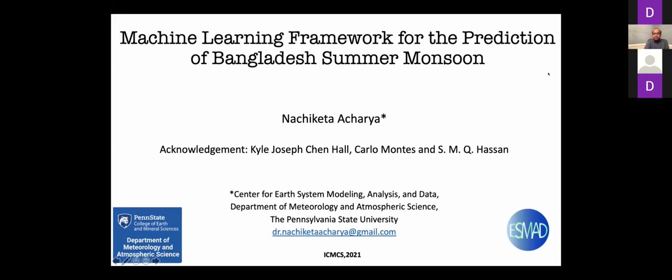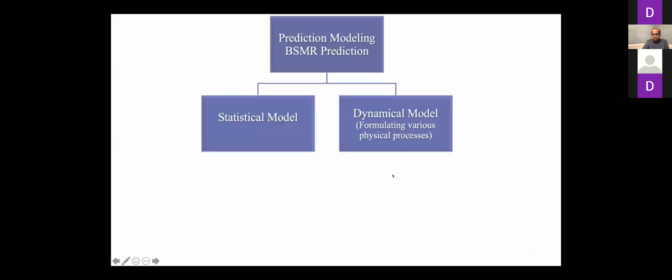We have done some work on next generation seasonal forecast in the past couple of years. Now we're moving to a machine learning framework for predicting the Bangladesh summer monsoon using state-of-the-art methods. I want to acknowledge my colleagues Kyle, Carlo, and obviously Dr. Hassan.